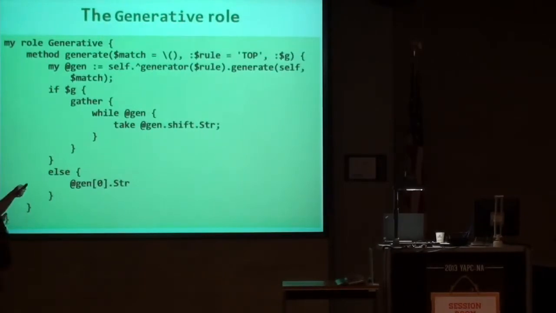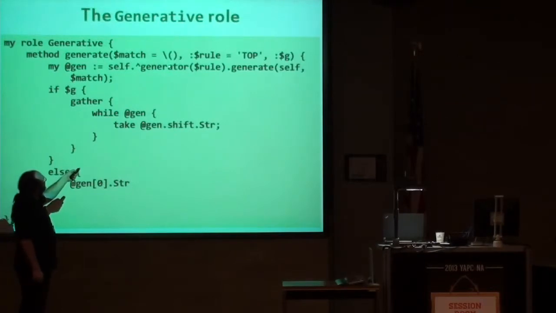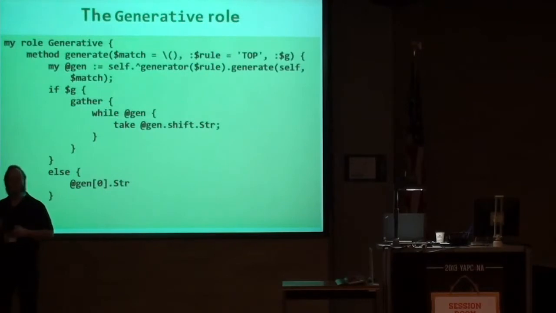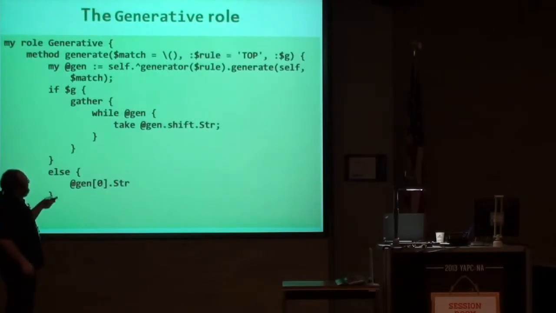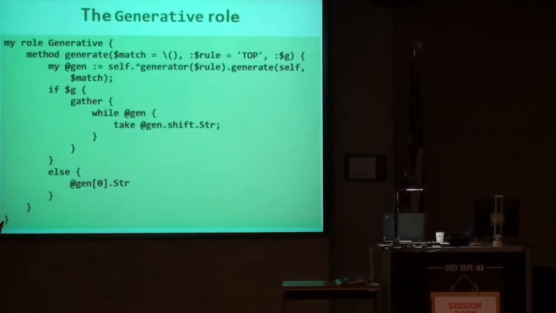And then what I do is I go and I look up the generator for the rule of that name, which is an object that knows how to generate based on a certain piece of AST. I call generate, I pass in the grammar object itself, I pass in the match, I bind it to an array, and then all I do is I say, well, if we need all of them, then we'll just sit in a gather and just generate and take each one. Otherwise, we'll just get the first one. Okay, and we're stringifying it at the end as well.